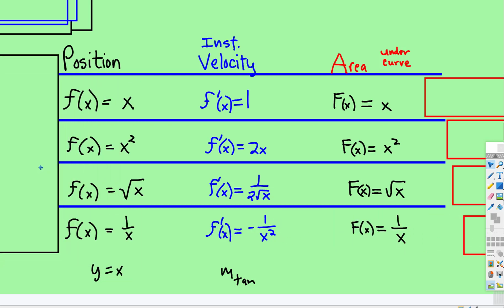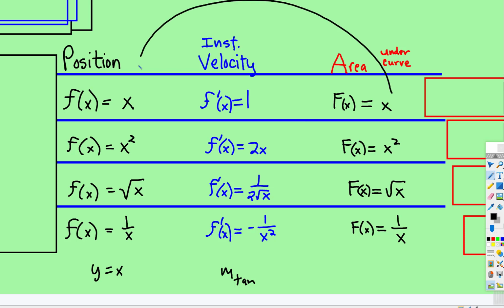Look at the original position function. So the position function goes to the derivative to the integral, which is the antiderivative. Well, the antiderivative goes back to the position function, however, which is really weird and it confused me for a while, but this is why, notation, I say to you all the time, notation, notation, notation.